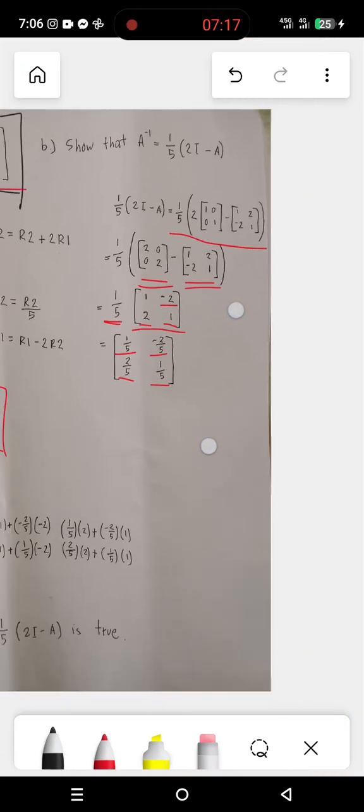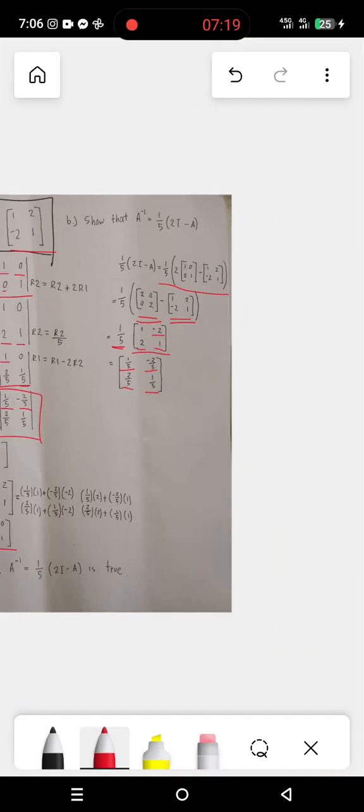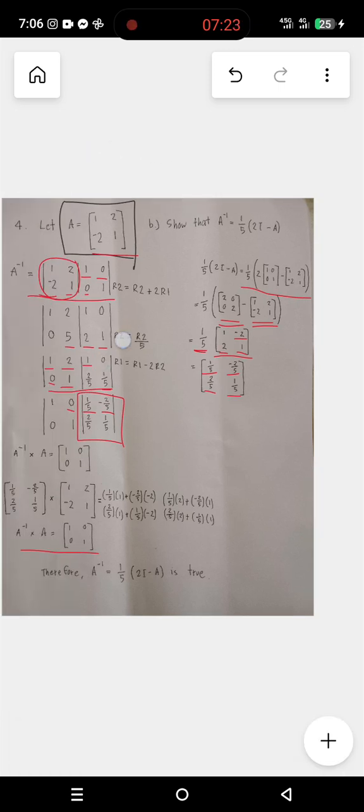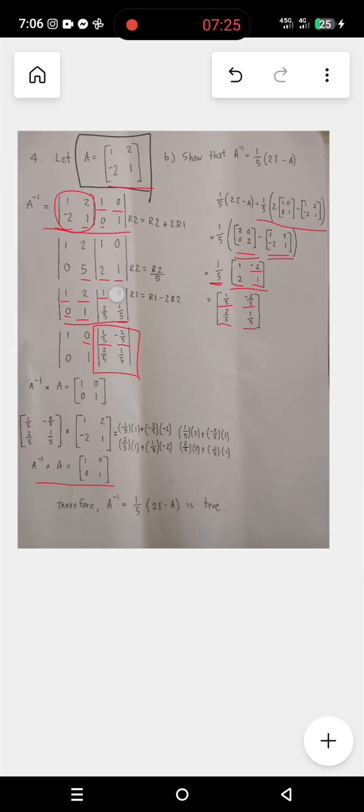So let's verify if the result of both operations is the same. Is the inverse of A equal to 1/5 multiplied to the quantity of 2 times the identity matrix minus A?